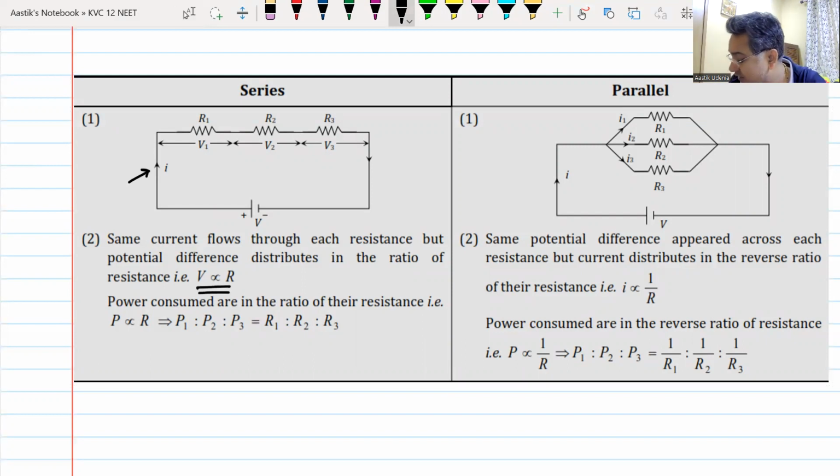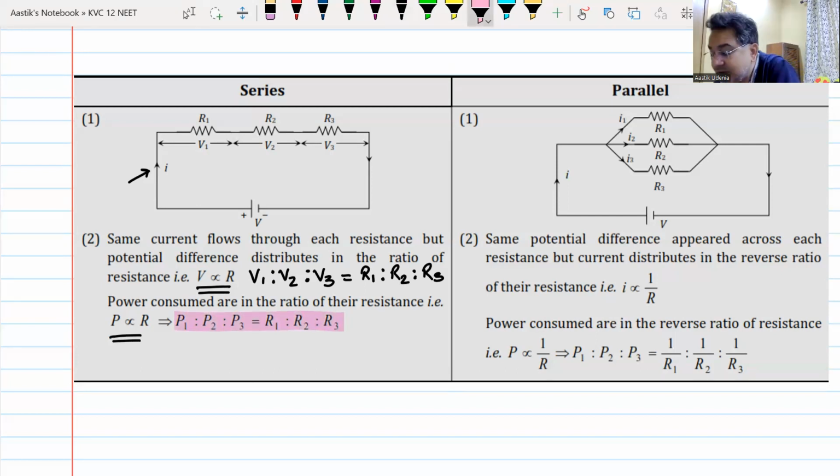Voltage is directly proportional to R, so V1 is to V2 is to V3 will be equal to R1 is to R2 is to R3. Power is also directly proportional to R, and therefore the ratio of power in the three resistors will be in the same ratio. Do we understand this, everyone? Yes, sir.